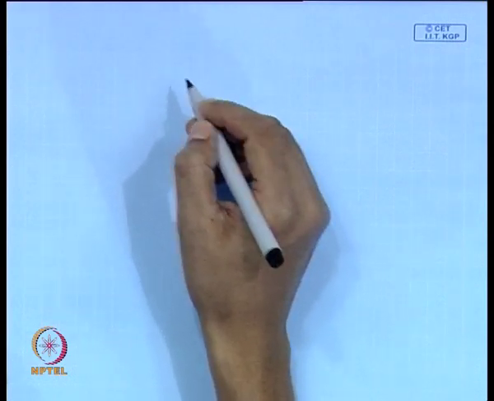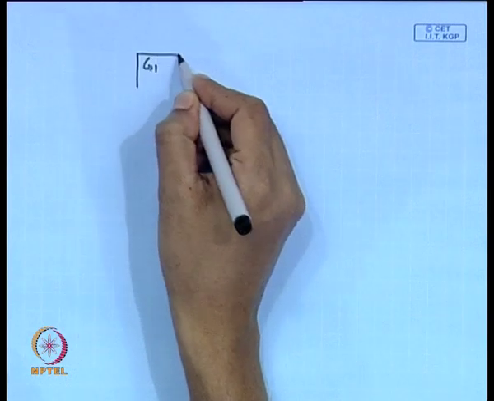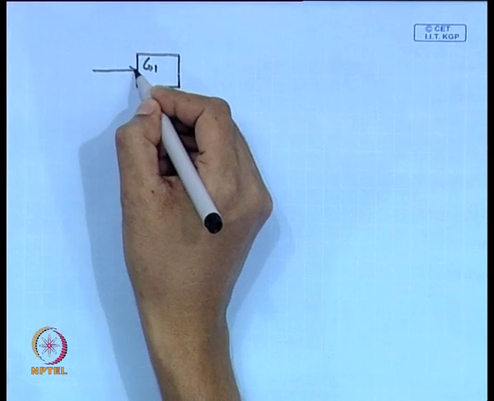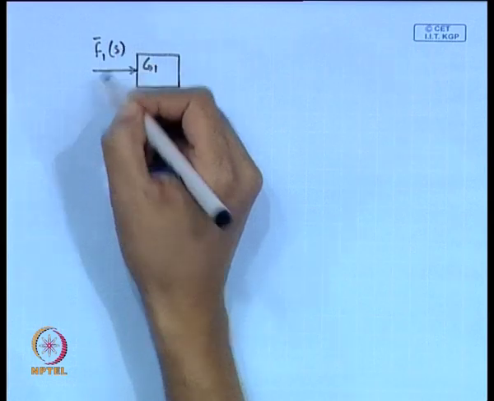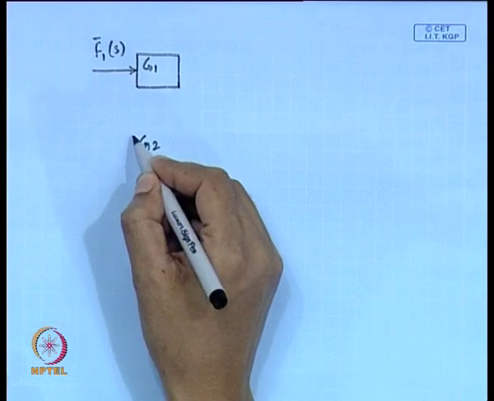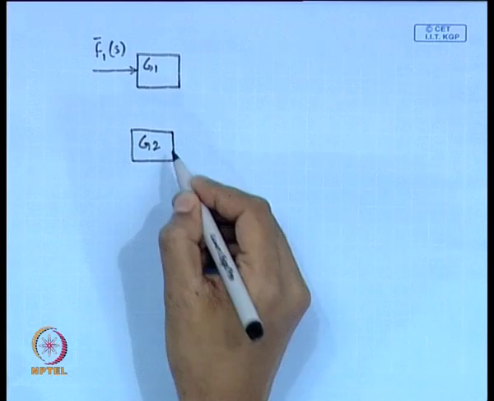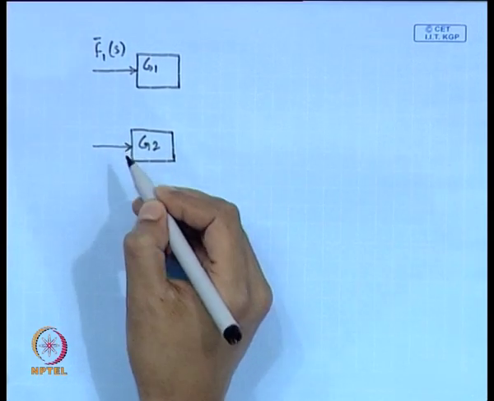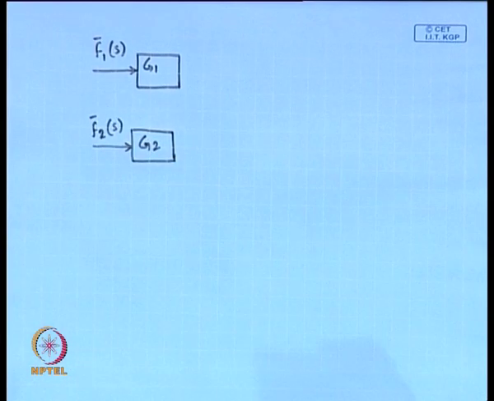So, one block for Z_1, input to this G_1 is F_1 bar(s). Another block we need to use for transfer function G_2. Input to this block is F_2 bar(s).